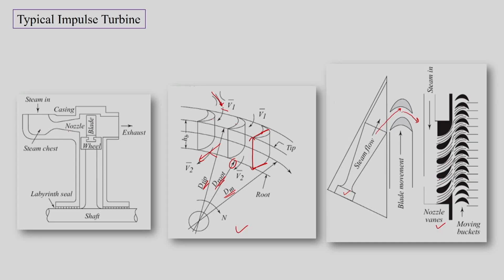In the case of the foil nozzle, the flow will be diverted by an aerofoil, where the passage between the aerofoils would act as a nozzle, since it would have a convergence, divergence, or convergence and divergence section of the nozzle. It would then impart its energy and momentum to the moving blades, and the blade will rotate. So this is the typical composition of a stage of an impulse turbine.